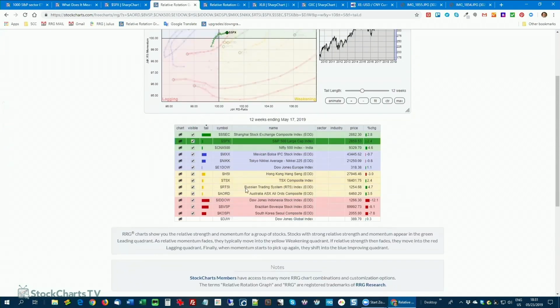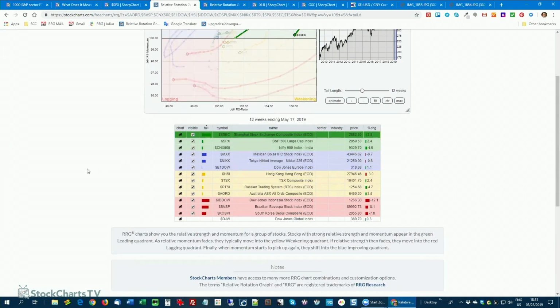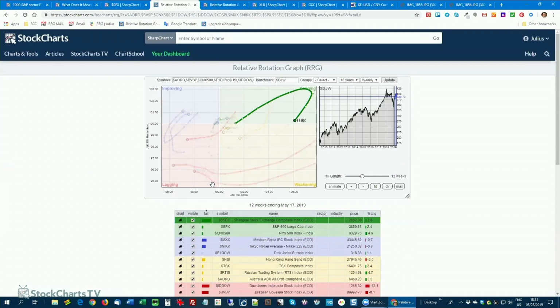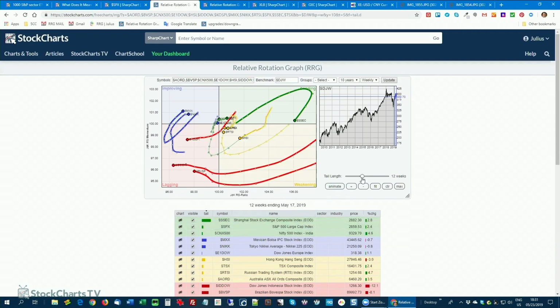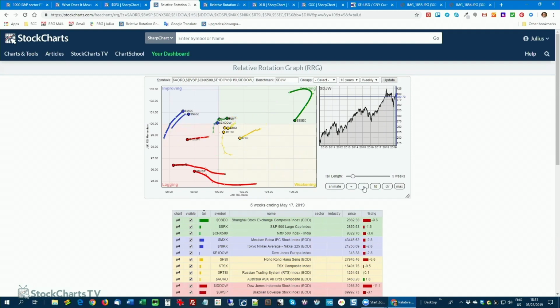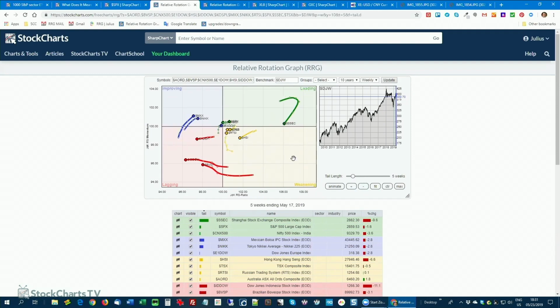Let me highlight it for you. In terms of RS ratio, the strongest country, strongest index in this universe. It's the highest in terms of relative strength ratio.